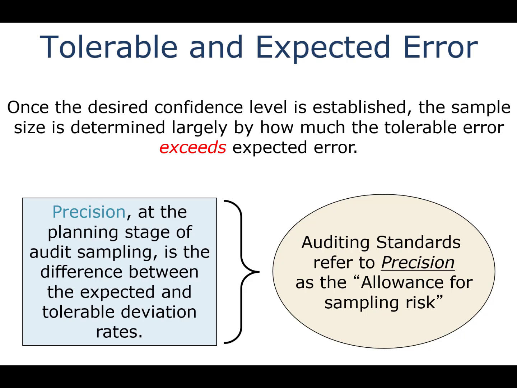If we can tolerate an error rate of 7%, but the expected error rate is 2%, then we're not going to have a very large sample size. But the closer the expected error rate gets to the tolerable error rate, the greater the sample size. We're going to go to the IDEA software next and show how these three variables will actually impact the ultimate sample size that we will end up with.